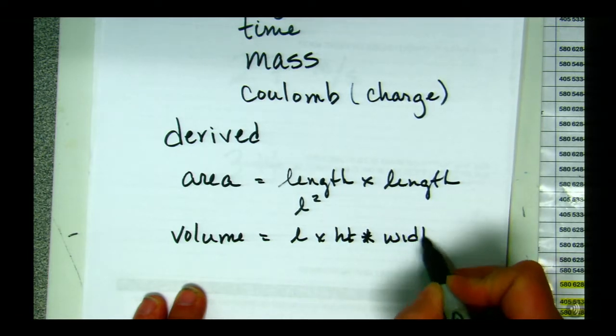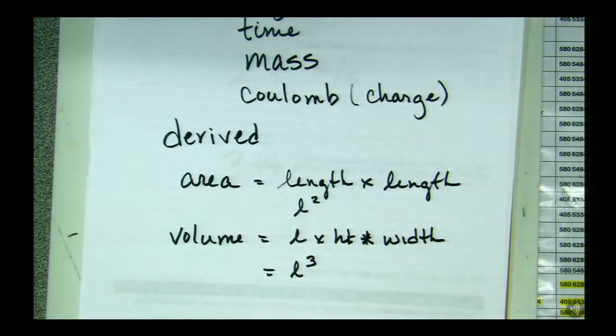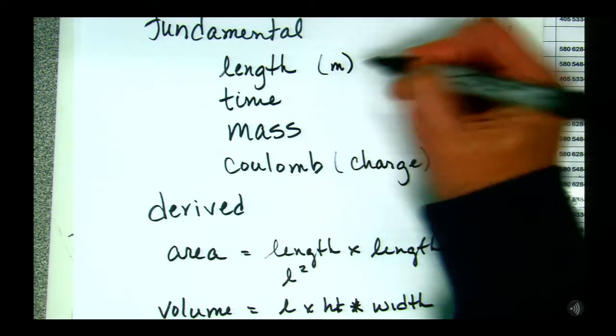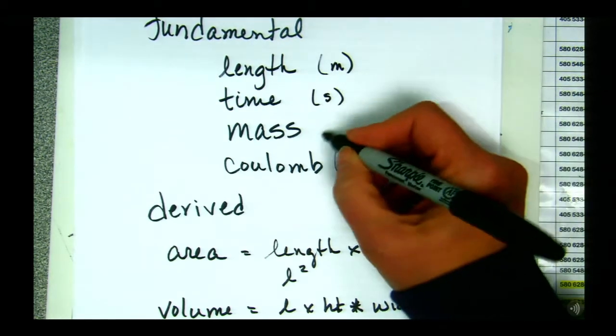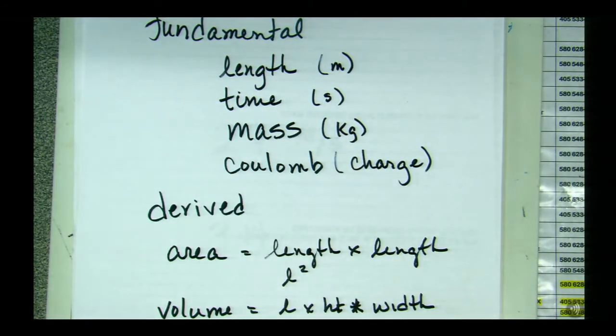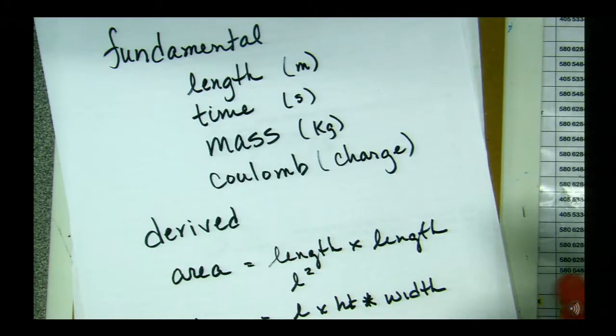That would be a derived unit. In most of what we are going to deal with, our unit of length is a meter. Our unit of time is a second, our unit of mass is a kilogram, and our unit of charge is a coulomb. So I have derived units. We're going to be dealing with lots of derived units as we go forward.